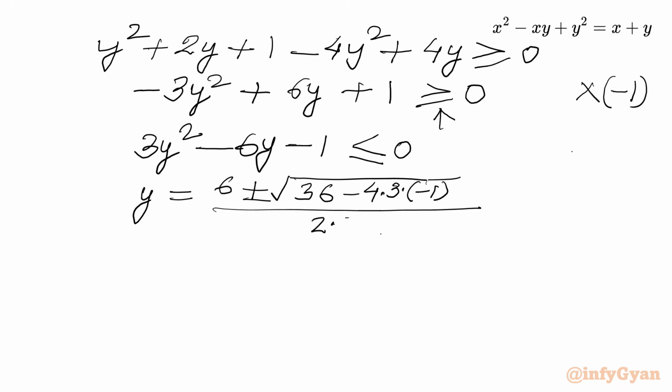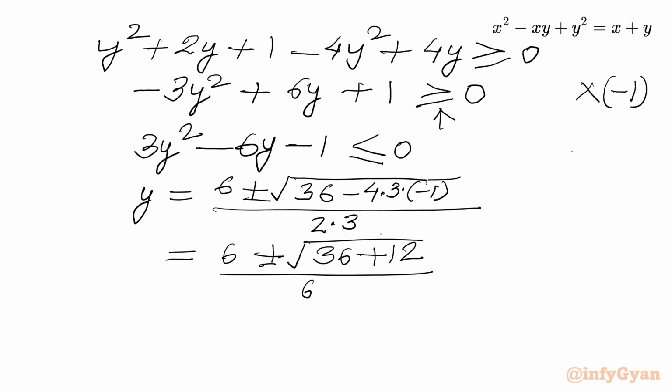over 2 times a. a is 3. So we will write 2 times 3, which will be equal to 6 plus minus square root 36 plus 12 over 6. Or we can write this will be equal to 6 plus minus square root 48 over 6. 48 is 16 times 3.